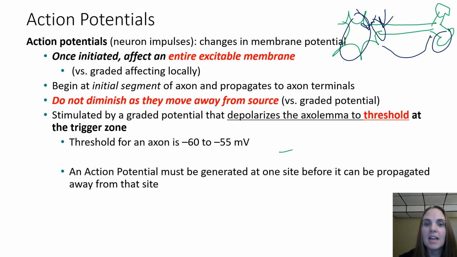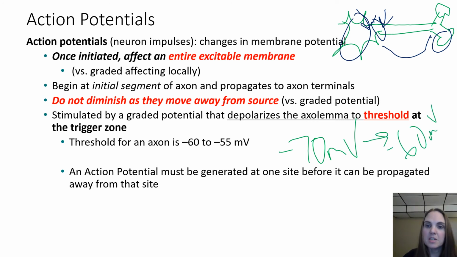So we're going from -70 millivolts to -60 millivolts to generate that action potential. So that's a depolarization because we're getting less negative, we're getting closer to zero. So if that graded depolarization, that initial stimulus, can get us to that threshold level, then the action potential is triggered.